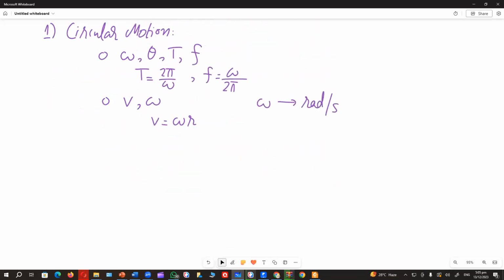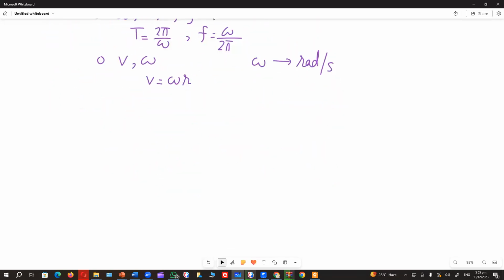I move forward, and I put the third concept in this chapter. The third concept is centripetal acceleration.